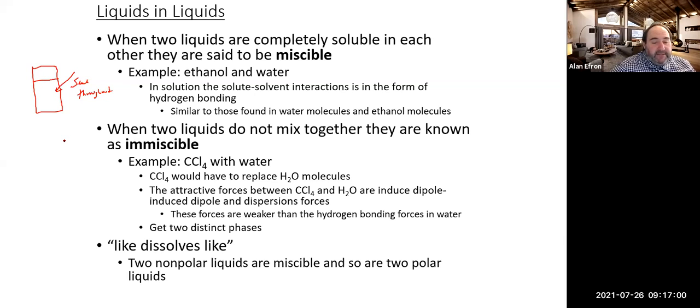An example of that is ethanol and water. So why would ethanol and water mix? If we look at the structures, water is H2O. It is polar, which means one side is more negative, toward the oxygen, and the hydrogen side is more positive. And ethanol looks something like this.